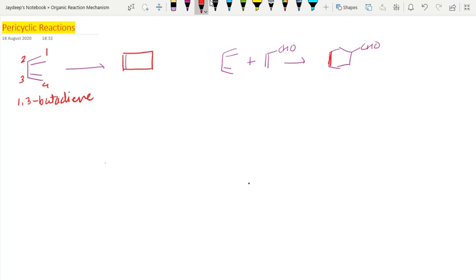Now how can we define the pericyclic reaction from these reactions? So the pericyclic reactions can be defined.